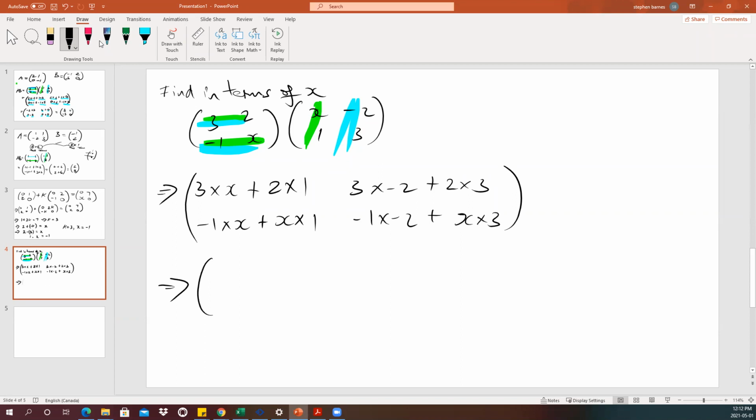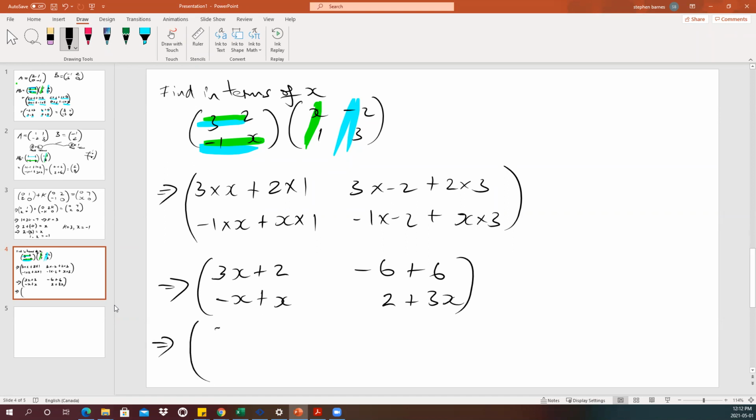Then we'll simplify. So this is just 3x plus 2. This is just minus x plus x, which we can simplify. This is just minus 6 plus 6, which we can simplify. And then this is just positive 2 plus 3x.